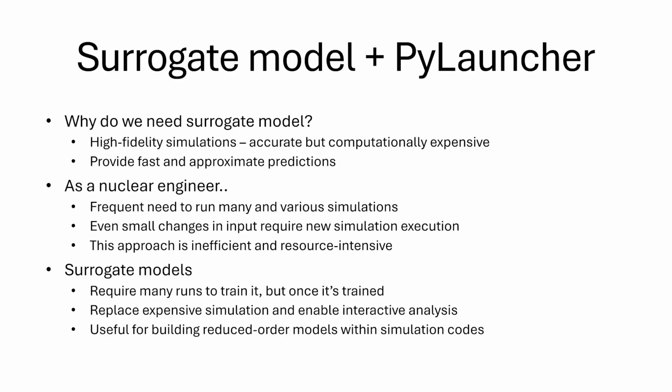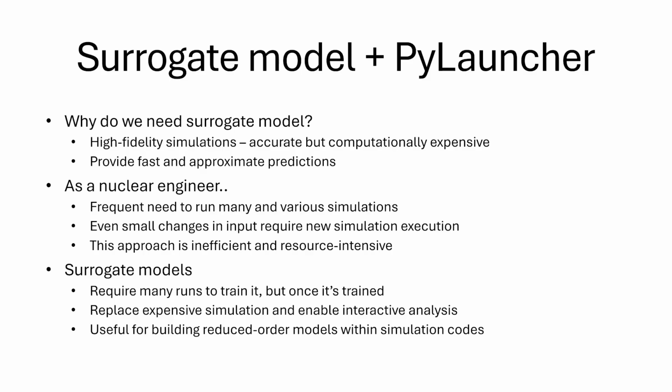The surrogate models, also known as meta models or emulators, serve as fast and approximate alternatives to these complex models. They are trained using data from a small number of simulations or many, and can then be used to predict outcomes much faster.